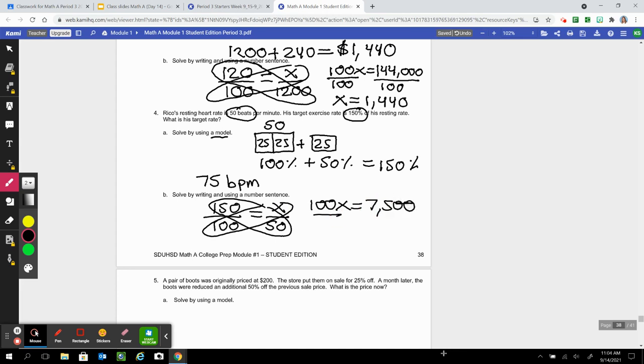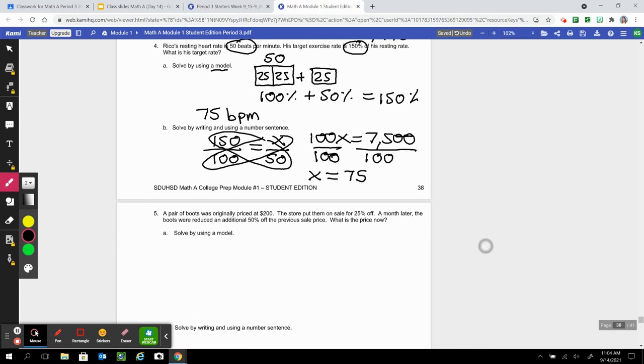Then I would divide by 100. And I get the same answer that I got before. I get 75. So it's great that we can try multiple methods and get the same answer.